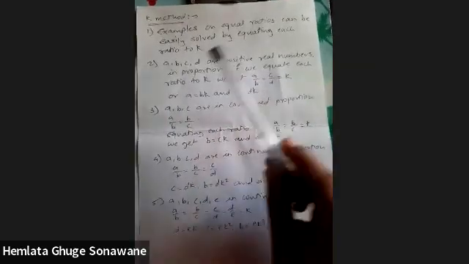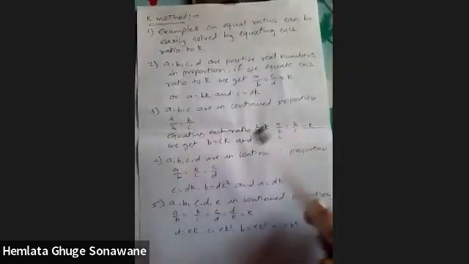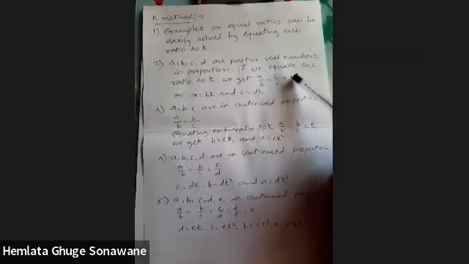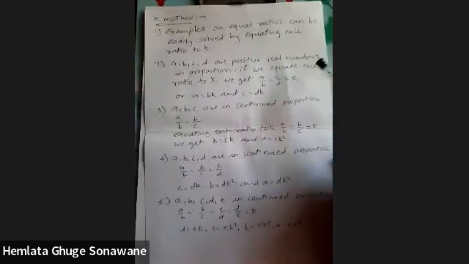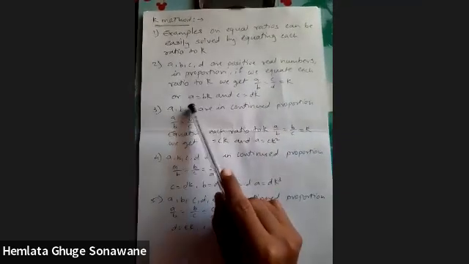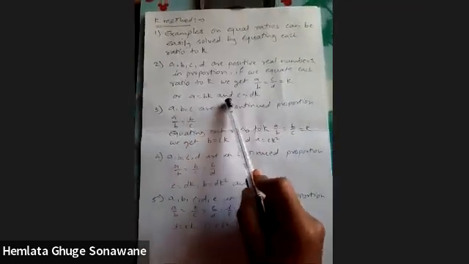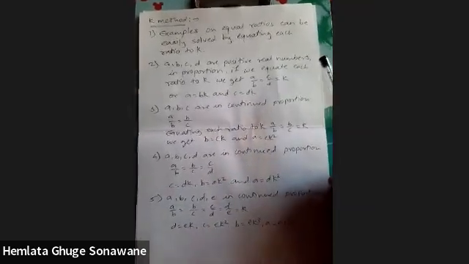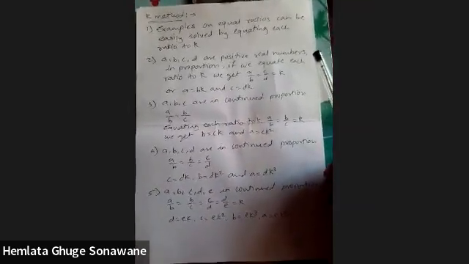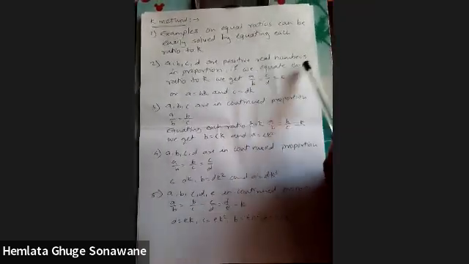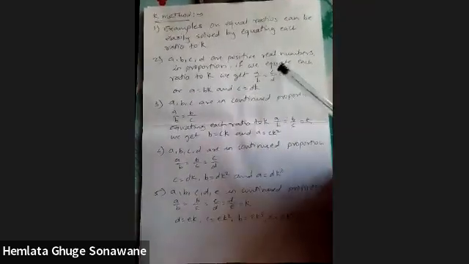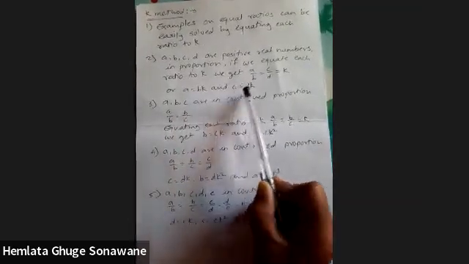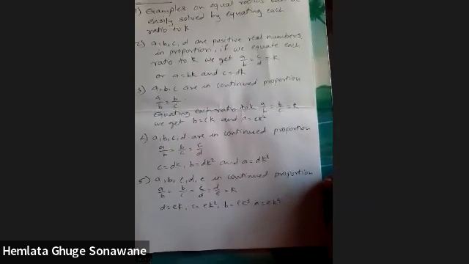If we equate each ratio to K, then we get A upon B is equal to C upon D is equal to K, or A is equal to B into K and C is equal to D into K.